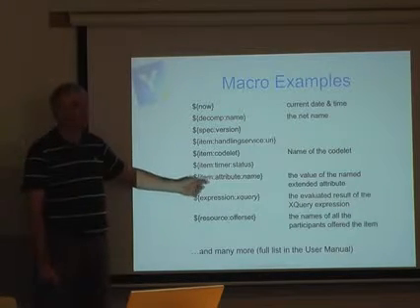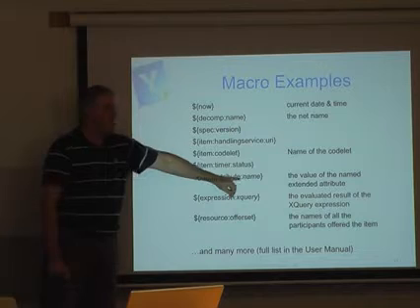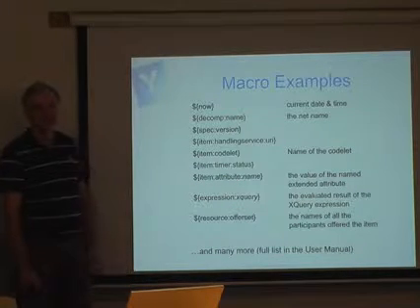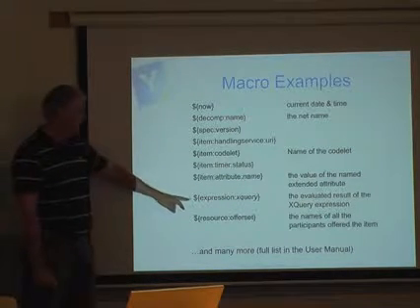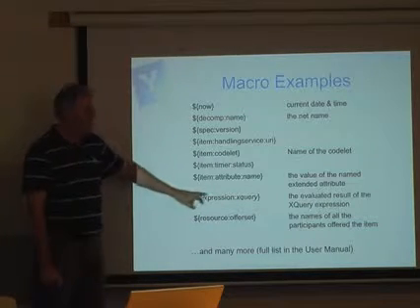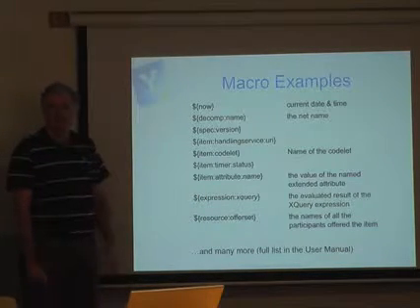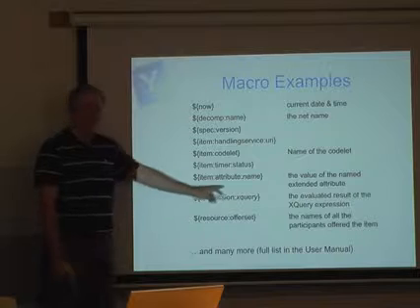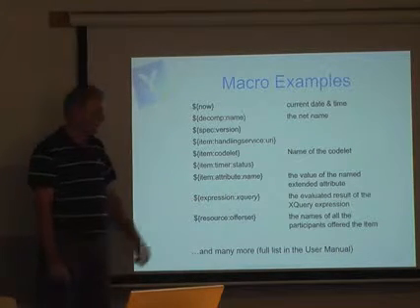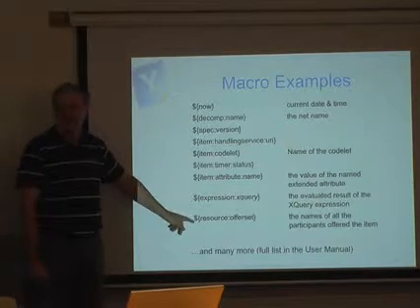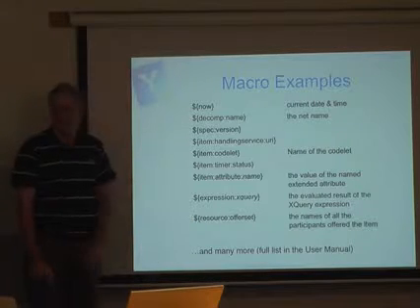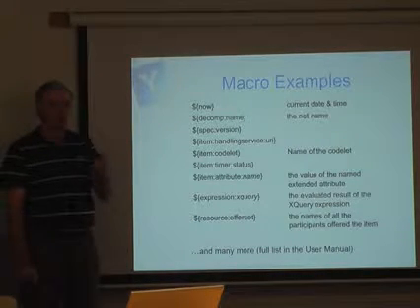The name or value of any named extended attribute that the task may have. The evaluated result of an X-query. So any X-query you like can be embedded in there. And here you can get access to the offer set, or the set of participants who are offered the task.